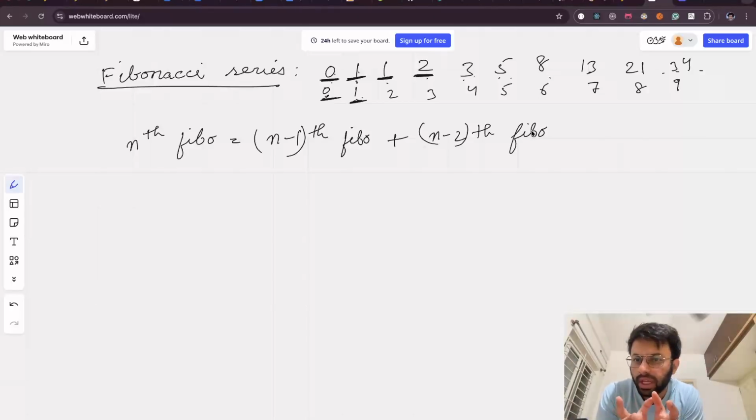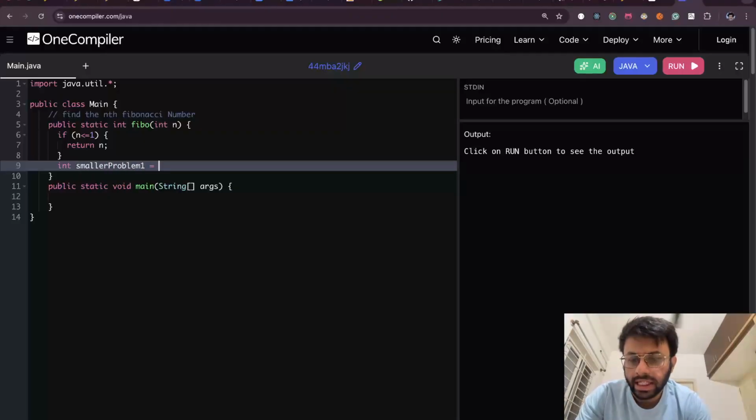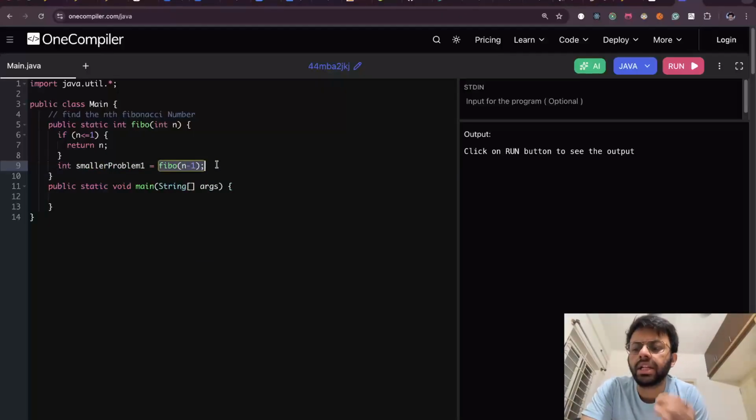So whenever we can divide our question in such a manner, we will be using recursion. So I will ask recursion, and recursion is a very good friend of mine, and I will have complete 100% faith that if I say smaller problem 1 is Fibo of n minus 1, this recursive call will return me the n minus 1th Fibonacci number.